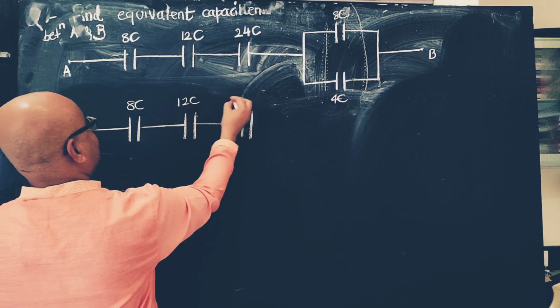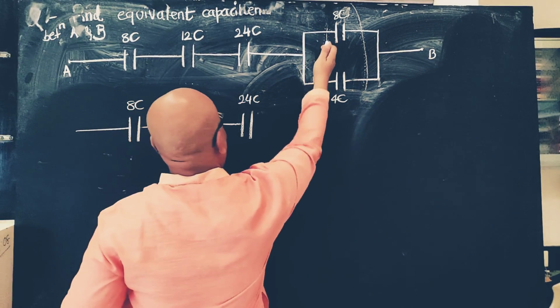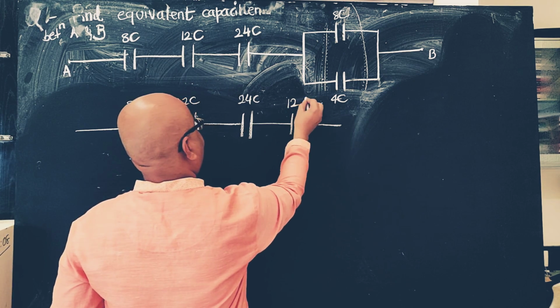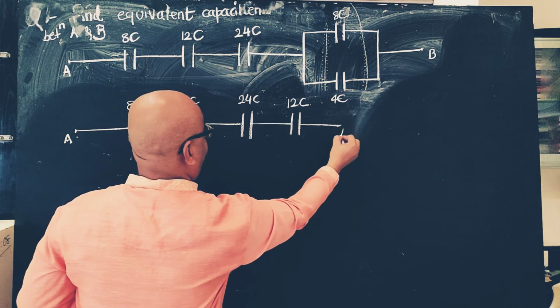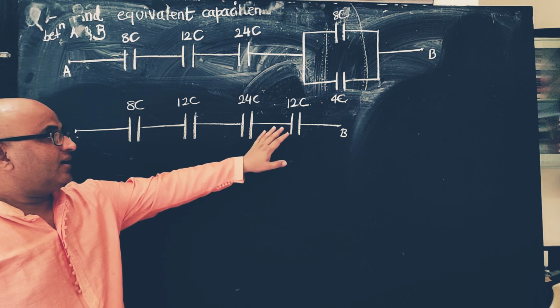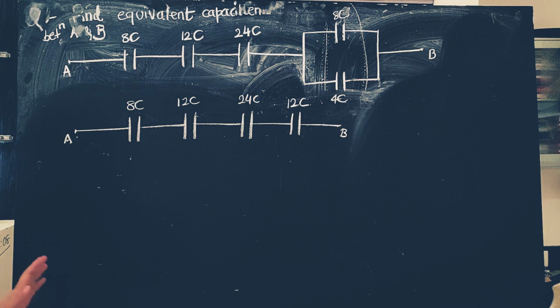Their equivalent capacitance can be easily found by what? Adding them. You have 8C and 4C, you have what? 12C. So this is A and B. This parallel combination, these two capacitors are replaced by a capacitor of equivalent capacitance. If it is parallel, directly add them.